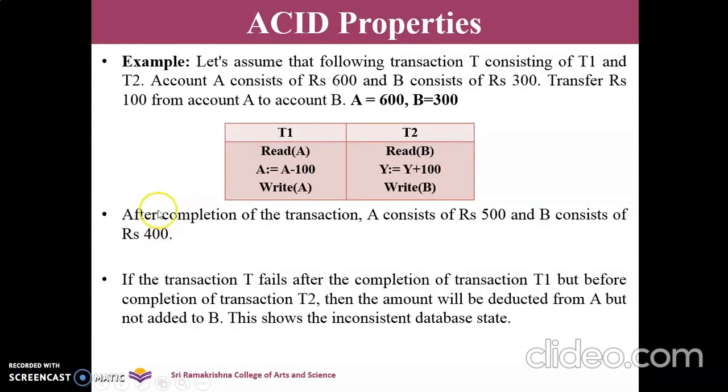Look at this example. Here we have two transactions, transaction T1 and transaction T2. Account A consists of rupees 600 and B consists of rupees 300.